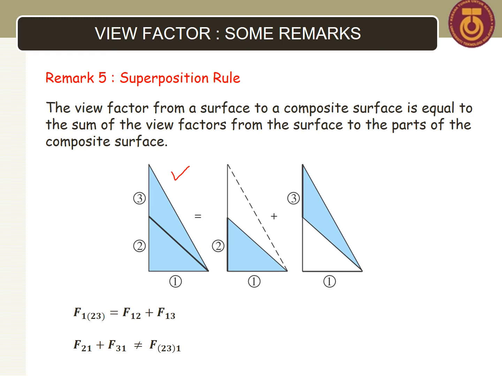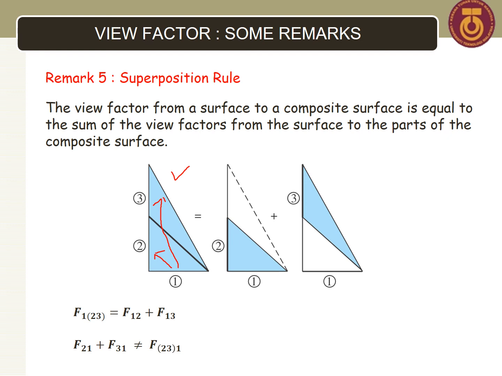So according to the superposition rule, in this situation, F1 to 2,3, that is, we see this surface as a composite, a combined surface, F1,2,3 equals F12 plus F13. This is the superposition rule.